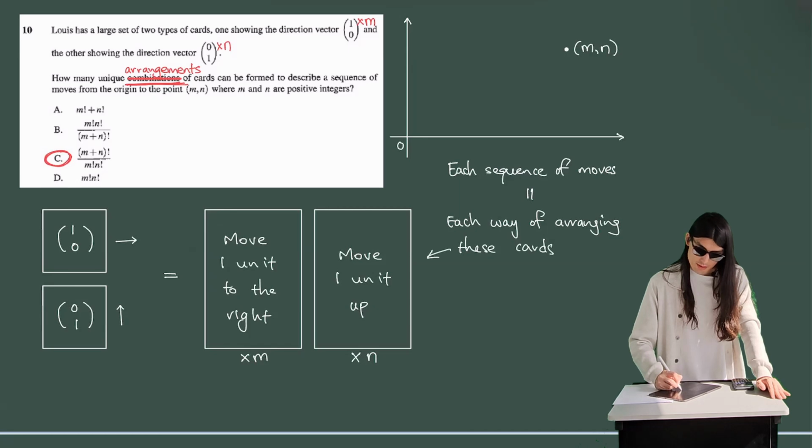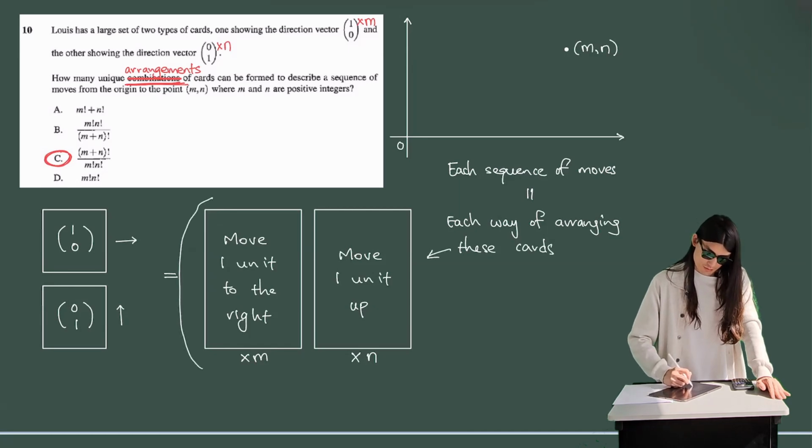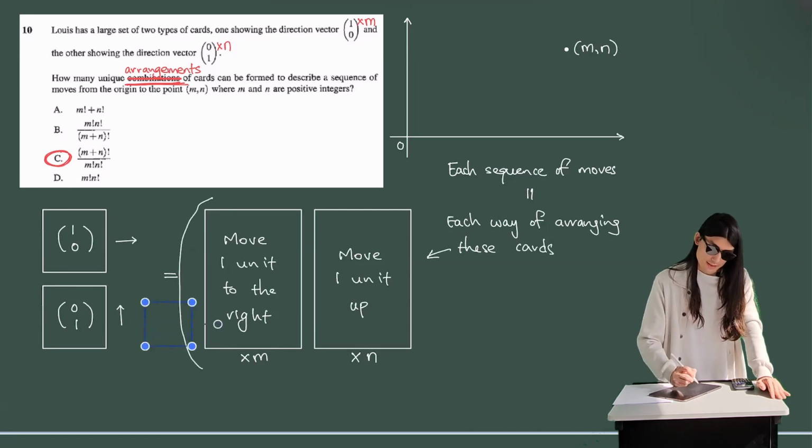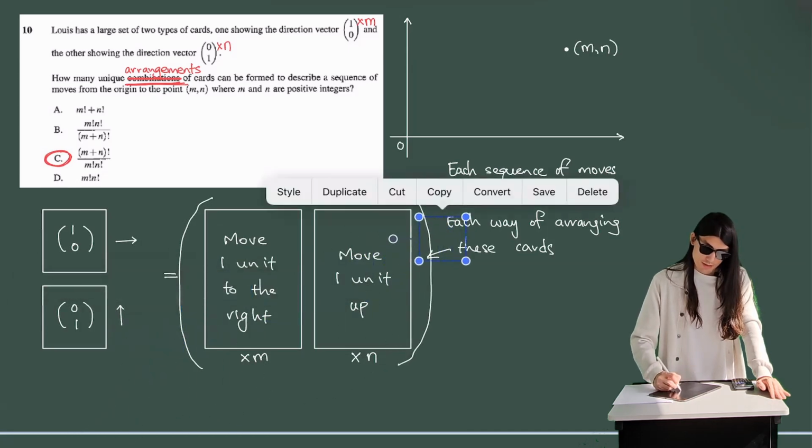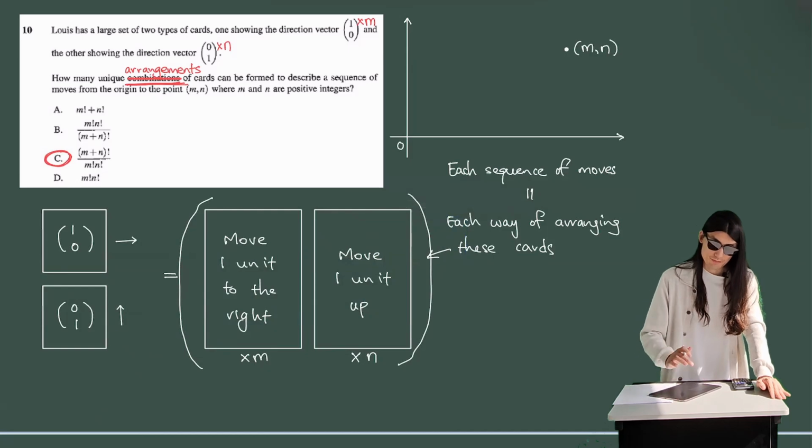And what I mean by these cards, I'm talking about the set of cards that's got m of 1 unit to the right and n of 1 unit up.